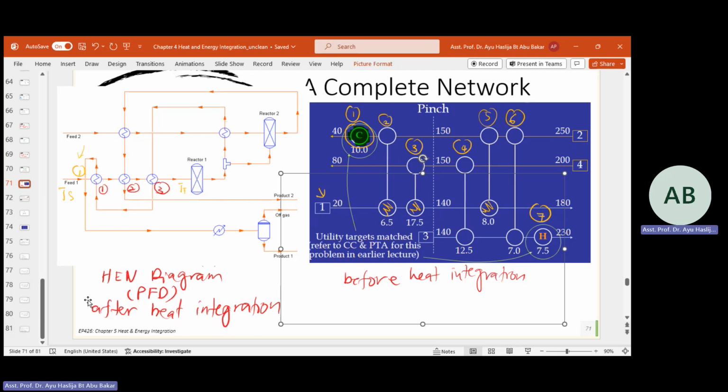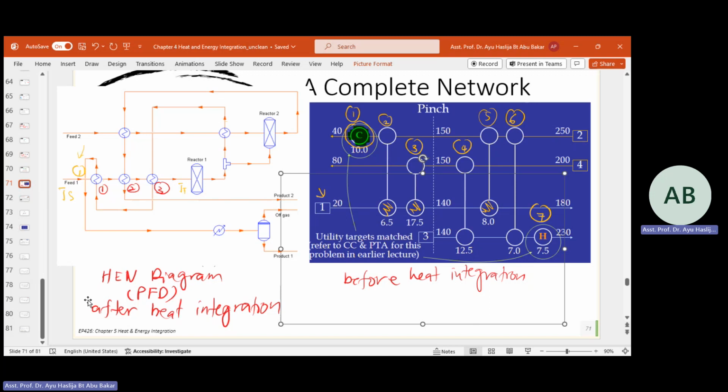What if our CPH is greater than CPC throughout the whole process? First thing, is there a pinch point? Why there's no pinch point? Make some correction. If no pinch point, then you cannot do the above pinch and below pinch analysis.